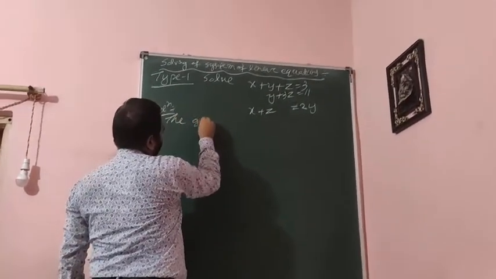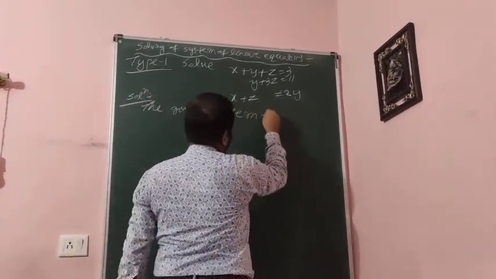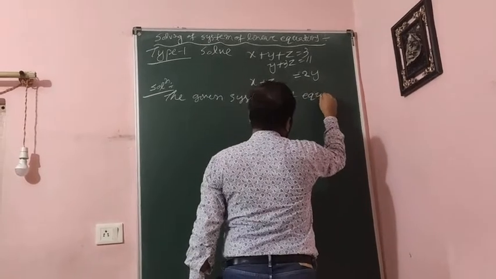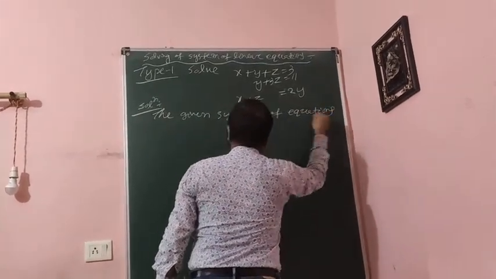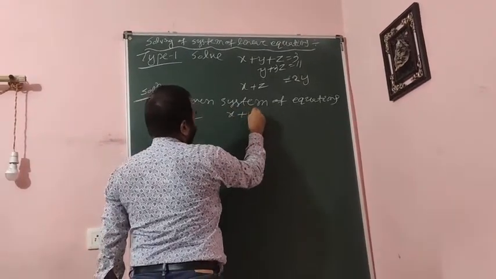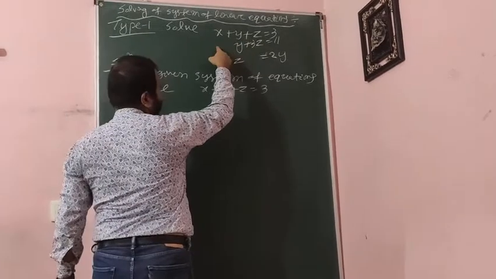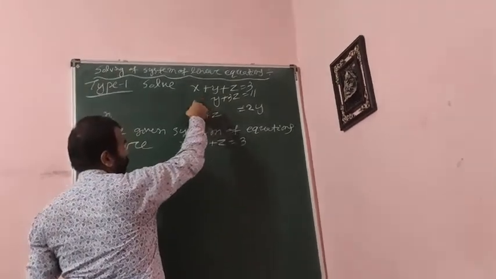The given system of equations are x plus y plus z equal to 3. Then y plus 3z, meaning here 0 into x, because x is absent.